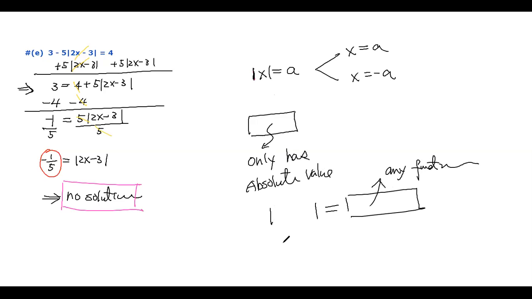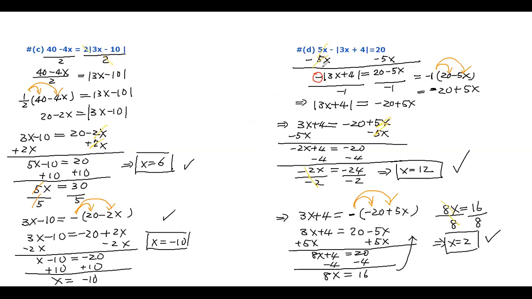The important thing is, if you have an equation mixing absolute value and some numbers, you need to move the absolute value to one side, like in problem E, and also problems D and C. You want to isolate your absolute value on one side.